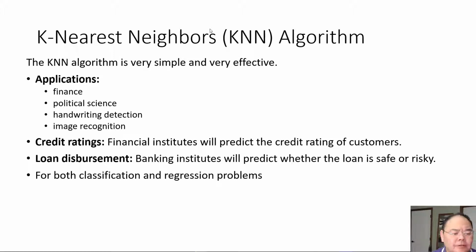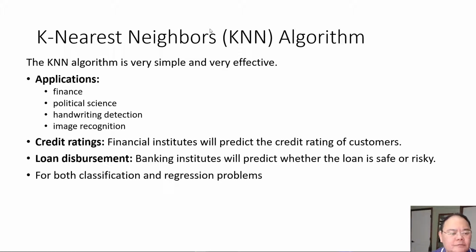Therefore, image recognition is also a very popular application for this type of algorithm. And I want to address two of the main applications in the financial sector. One is the so-called credit rating.